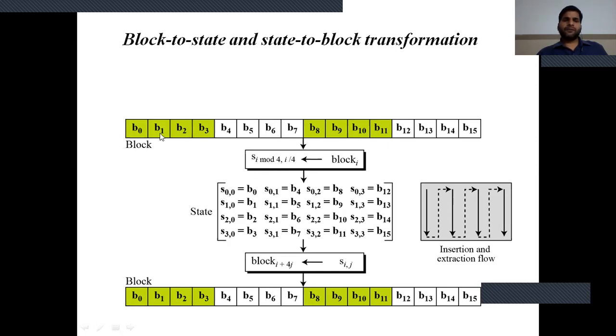For B1, i value 1: 1 mod 4 is 1, and 1 by 4 is a fraction, the floor equals 0. Similarly, for i equal to 4, 4 mod 4 is 0 and 4 by 4 is 1, so S01 equals B4. This is the block to state transformation, and in a similar way the state to block transformation is denoted.